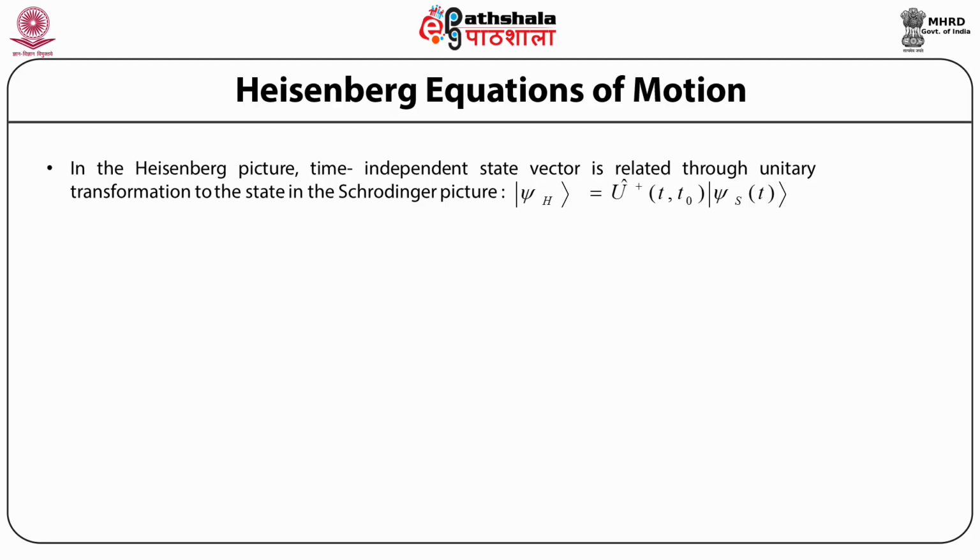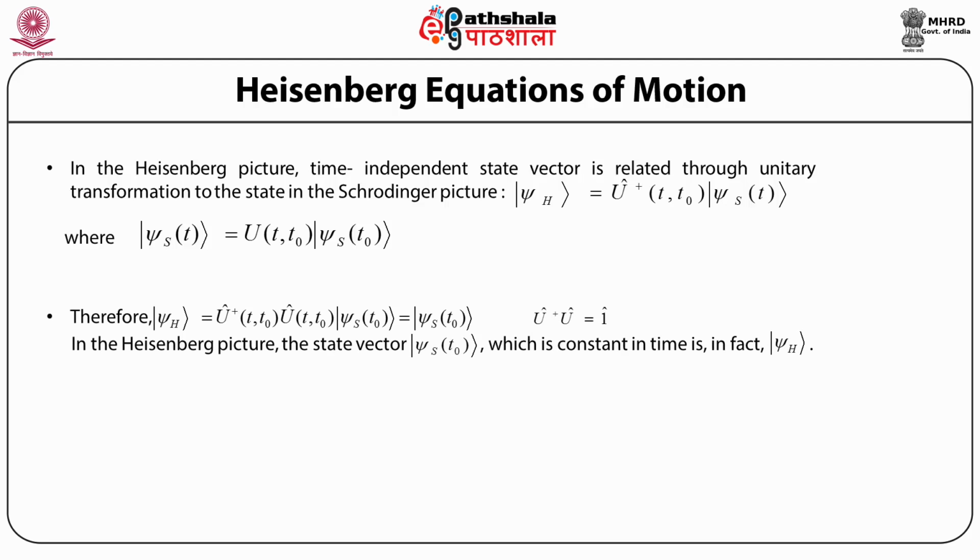That is, if we have a ket vector ψ_H, defined in the Heisenberg formulation, then the ket vector ψ_H is equal to the unitary operator U†(t, t0) acting on the ket vector ψ_S(t) in the Schrödinger formalism, where ψ_S(t) is equal to the unitary operator U(t, t0) acting on ket vector ψ_S(t0), where ψ_S(t0) is the state vector in the Schrödinger formalism.